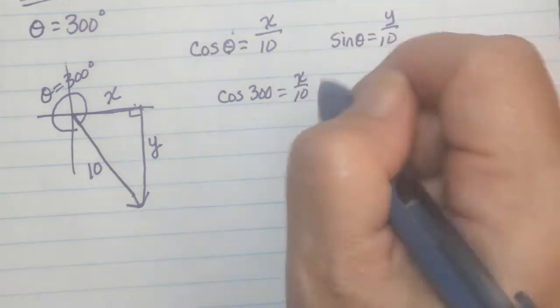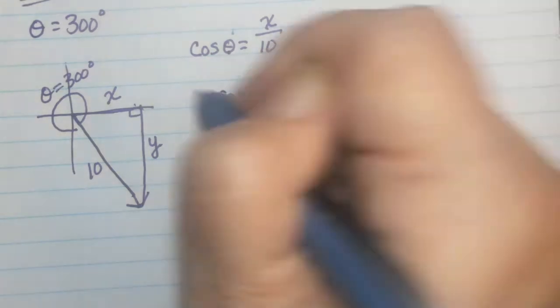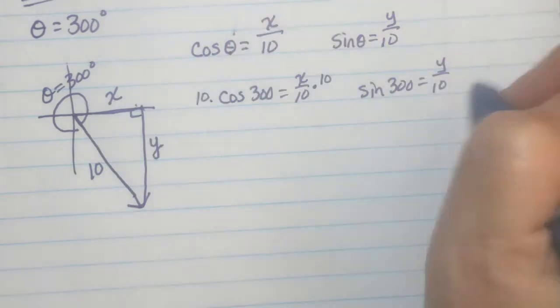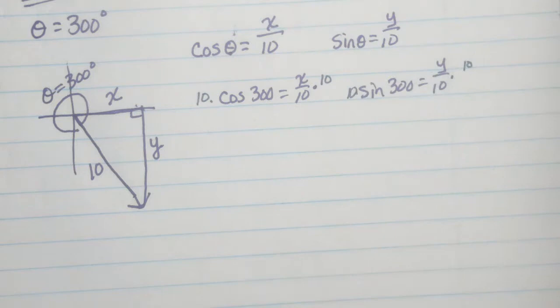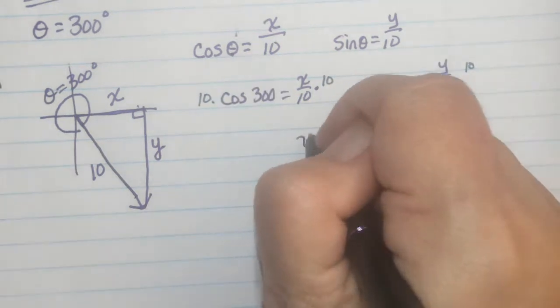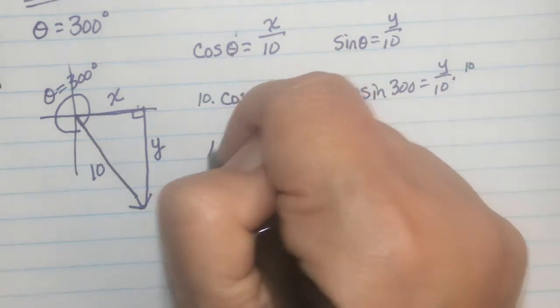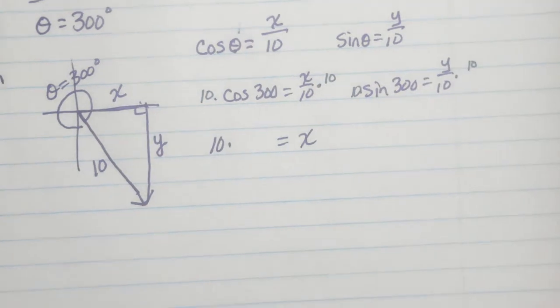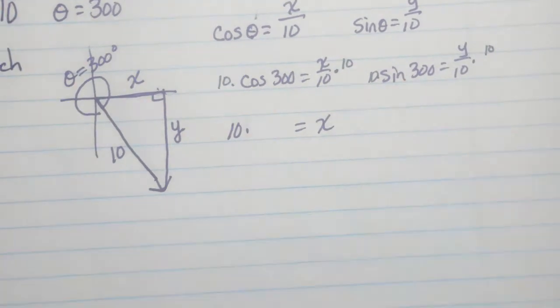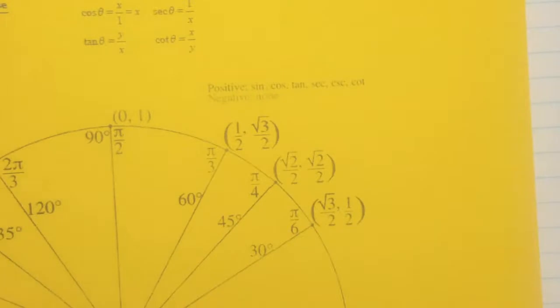If I want to know what x is, I multiply both sides by 10. If I want to know what y is, I multiply both sides by 10. So x is going to be 10 times the cosine of 300. 300 is on my unit circle, so get my handy dandy unit circle, go to 300.